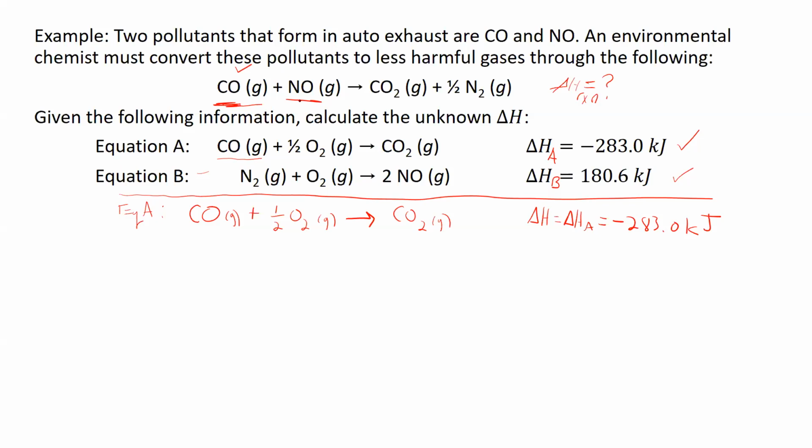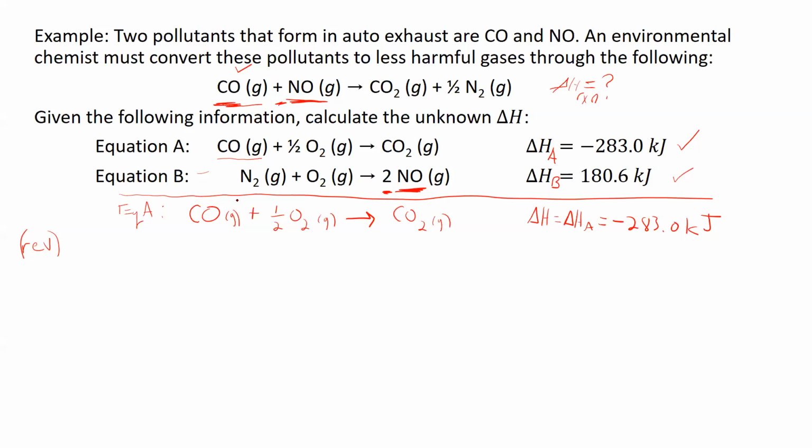Our second reactant that we need to deal with is nitrogen monoxide. Well, if I look at both of these equations, I don't have nitrogen monoxide anywhere except on the product side of the second one, equation B. So in order to get this to work right, I need to take the reverse of equation B. But I need to also notice that the stoichiometric coefficient here in equation B is a 2, whereas the stoichiometric coefficient in the overall reaction is a 1.